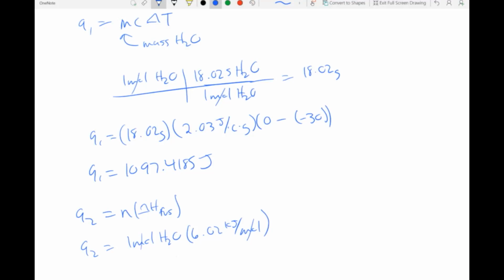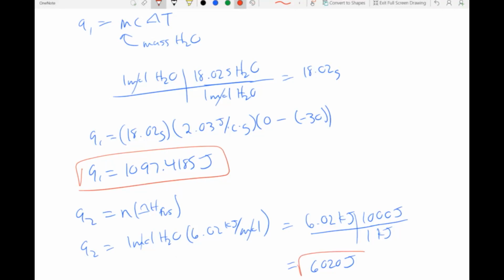The moles cancel, so the answer is going to be 6.02 kilojoules. We do want to stay consistent with our units, so let's convert this kilojoules into joules. We know that 1 kilojoule is equal to 1,000 joules, so that's 6,020 joules. So far we have this one, and then we have this one.